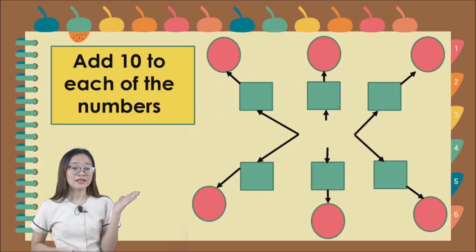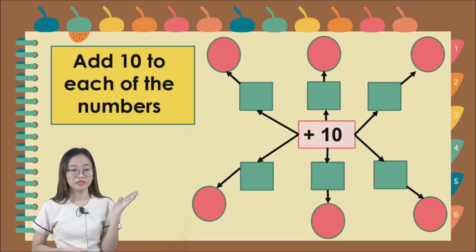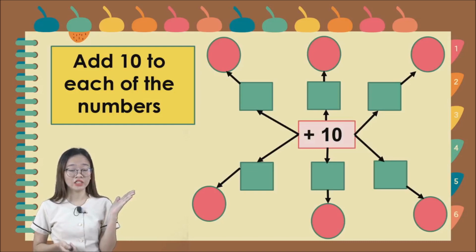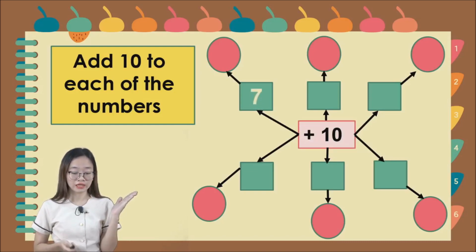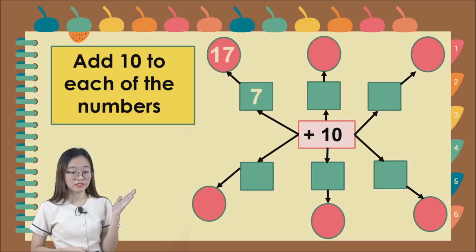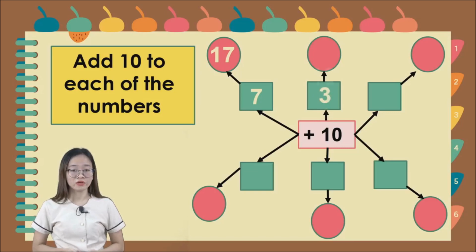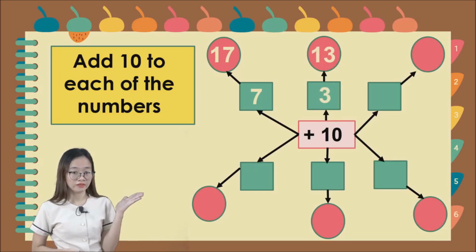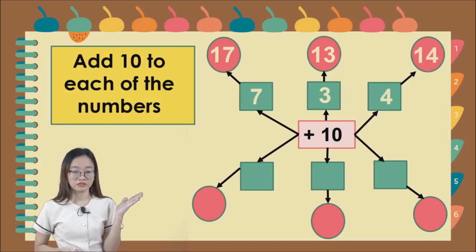Add 10 to each of the numbers. Again, you need to add 10 to each of the numbers. The first one is 7. So 10 plus 7 is equal to 17. Another, 10 plus 3 is equal to 13. 10 plus 4 is equal to 14.